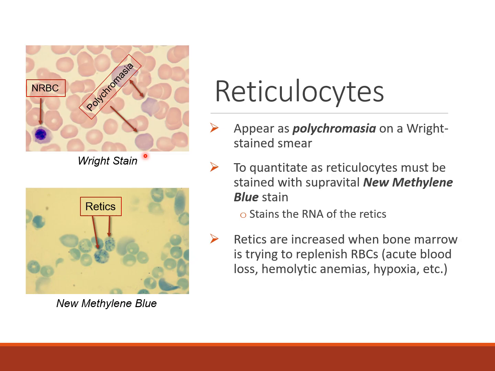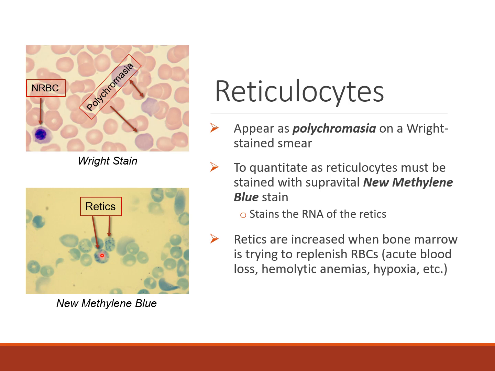The reason for that is we have to essentially prove that the cells we're counting have residual RNA present. And in this bottom picture, with the new methylene blue stain, we can definitely tell that these two are very clearly reticulocytes. Reticulocytes are increased when the bone marrow is trying to replenish the red blood cells.